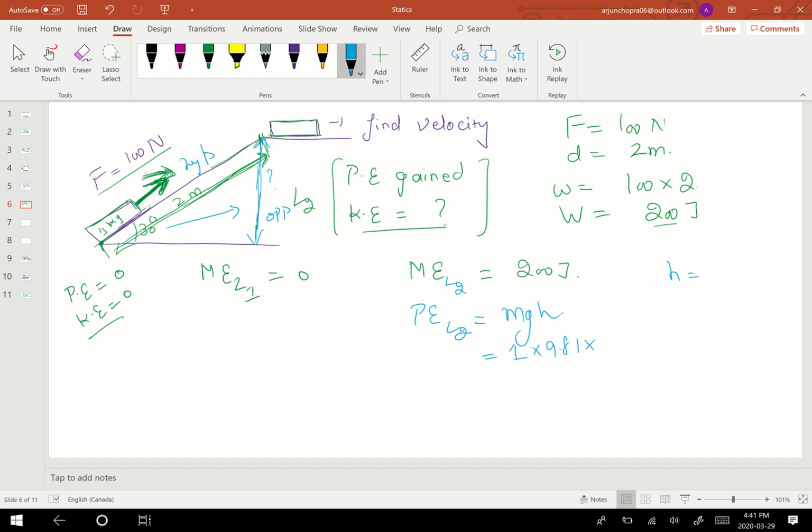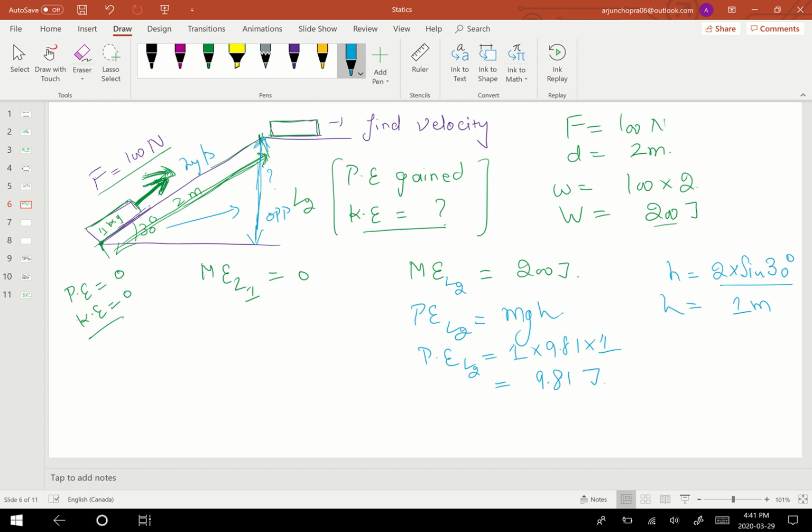So the height value will be equal to 2 times sine of 30 degrees, which gives 1, so height equals 1 meter. So the potential energy at location 2 will be equal to 9.81 joules.